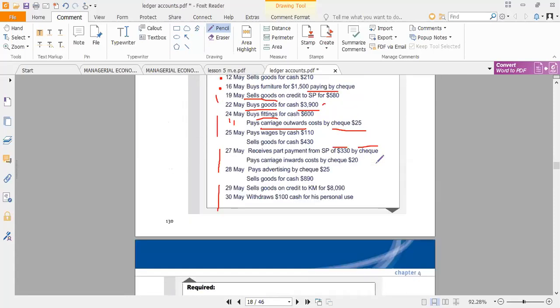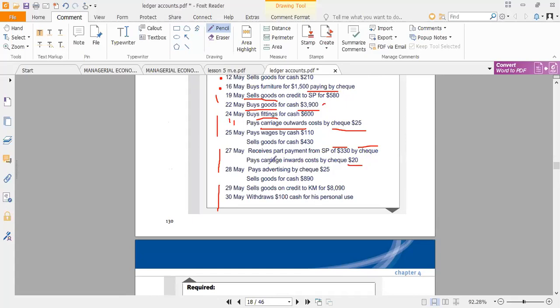Our next transaction, paid carriage inwards cost by check. So the check is a bank. It's giving out 20 kwacha or $20.